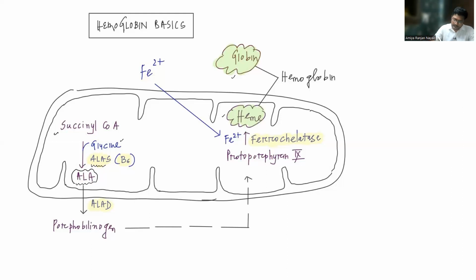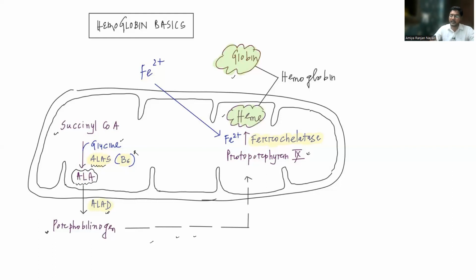So that is the first intermediate product in the process of heme synthesis. Now, this ALA synthase requires a cofactor, that is pyridoxine or vitamin B6. Now, the second step is catalyzed by ALA dehydratase, and this will convert the aminolevulinic acid into porphobilinogen. Now, there are various steps inside the cytoplasm which will ultimately convert the porphobilinogen into protoporphyrin 9 inside the mitochondria.